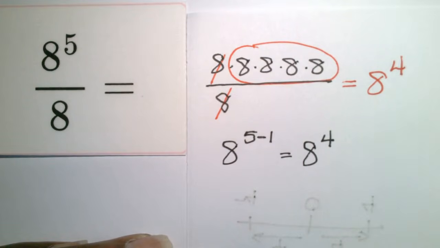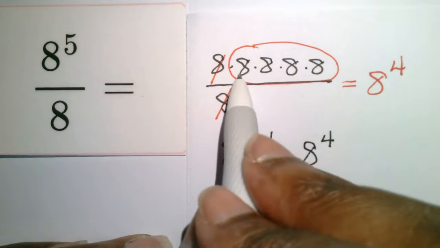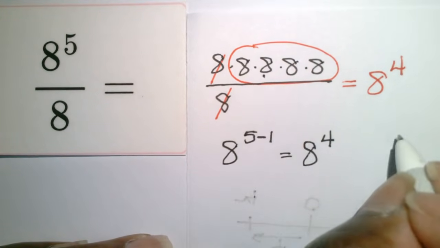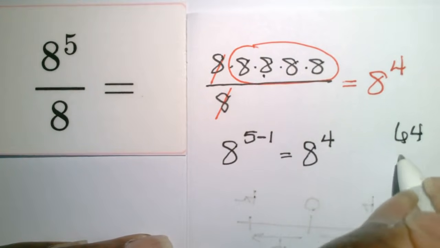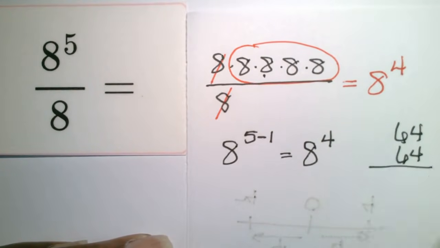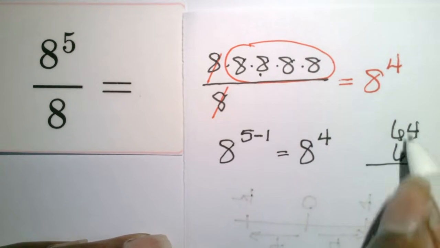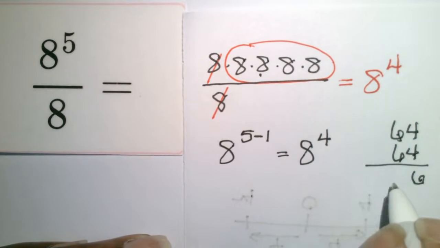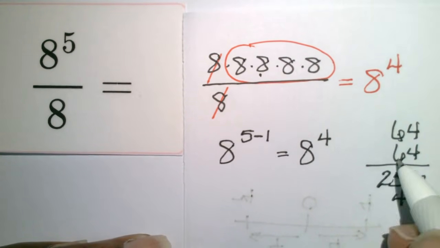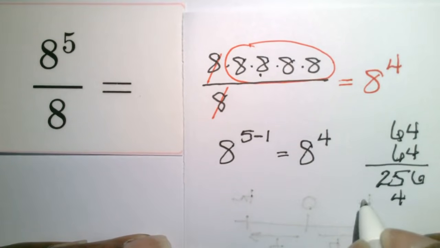If they want the extension of it, most of the time they'll just say, okay, you got 8 to the 4th, 8 times 8 gives me 64. So we're looking at 64 times 64. So 64 times 64, we have our 16 carry the 1. 4 times 6 is 24 plus 1 is 25. 6 times 4 is 24, carry the 2. 6 and 6 is 36 plus 2 is 38.